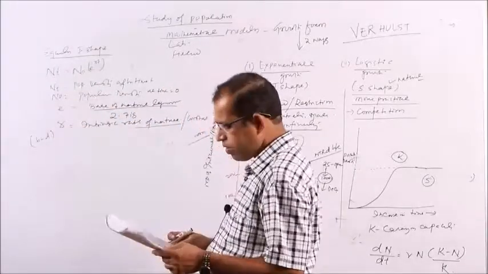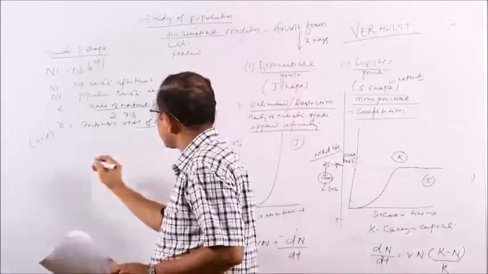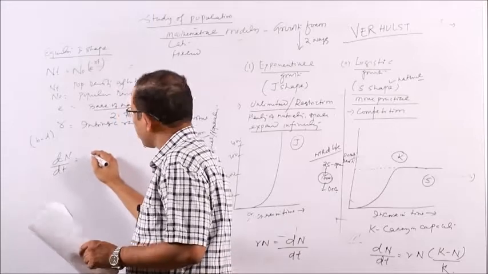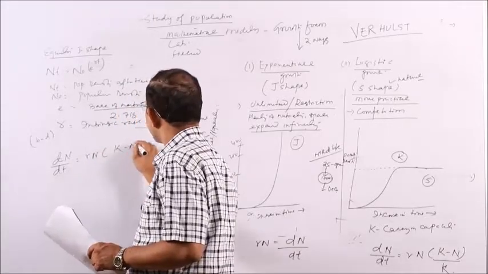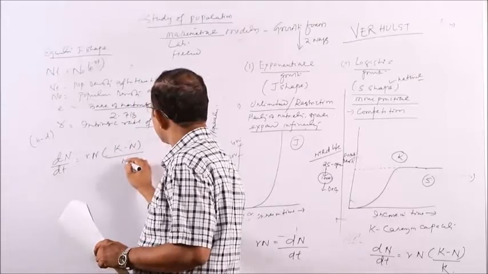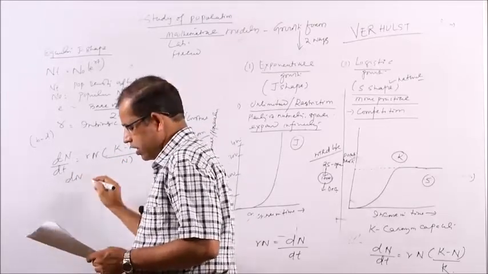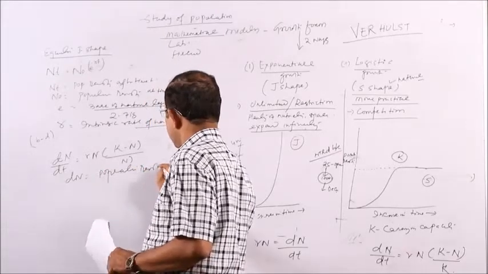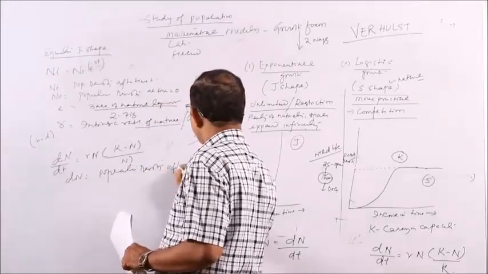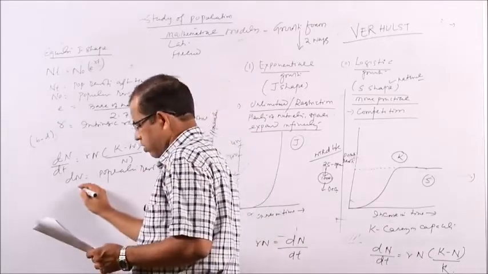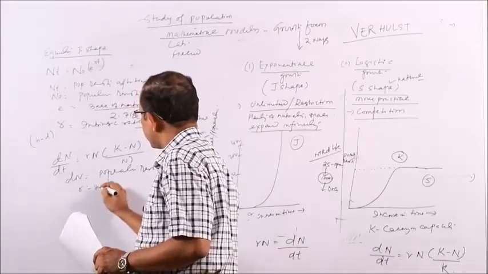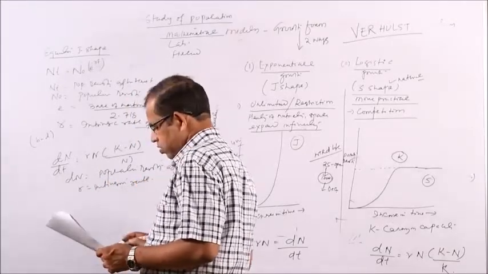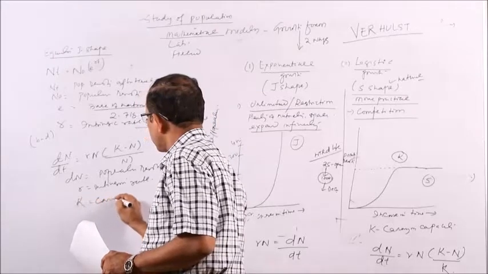Sometimes certain things will be given and you have to find out the value. Similarly, what I have written there is dN by dt equals r N (K minus N) by K. Here dN is the change in population density after time t, r is the intrinsic rate, and K is the carrying capacity.